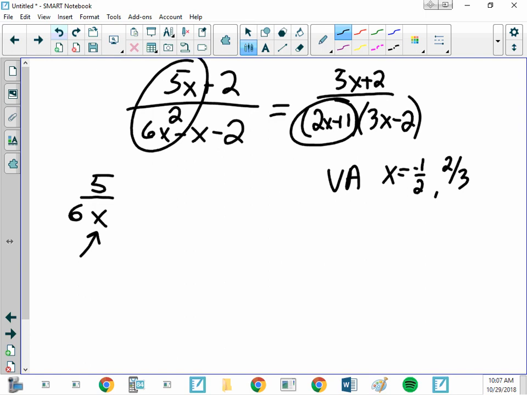So this has an HA at y equals 0. What if it was 5x divided by 6x? Where would the HA be? It would be at 5/6. What if it was 5x squared over 6x? It would be slanted at 5x over 6. That's the slope of the slant.